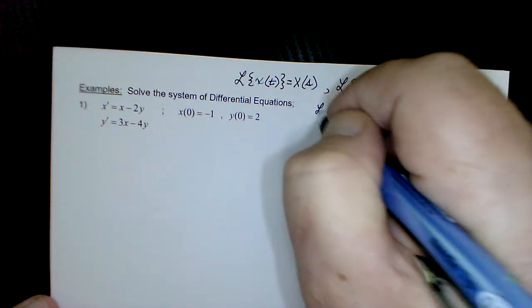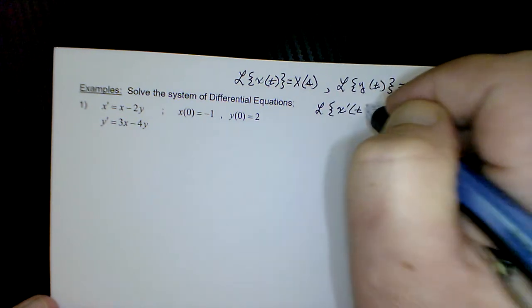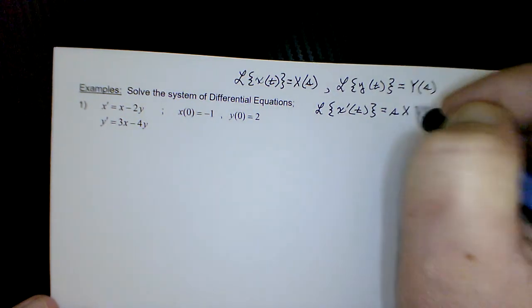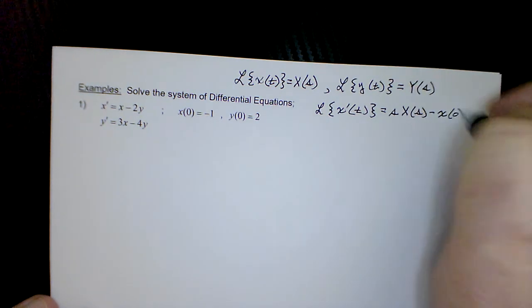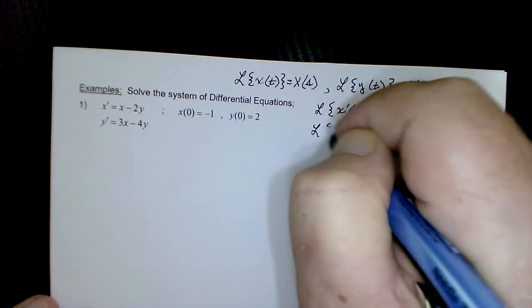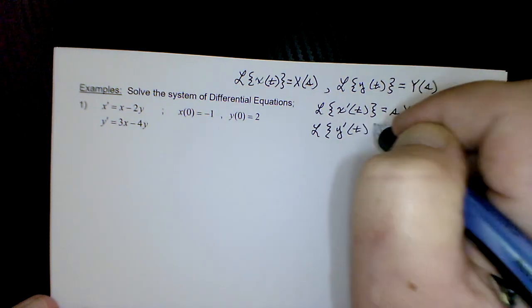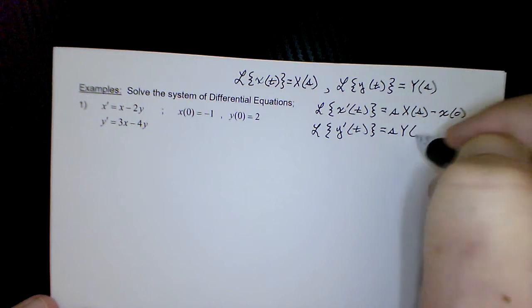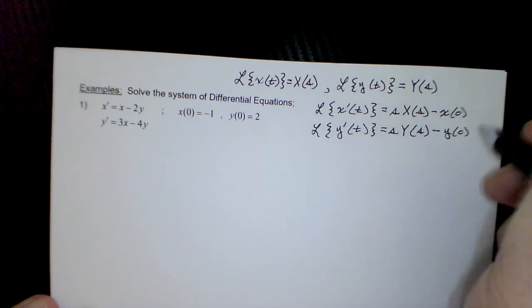and then the Laplace of their derivatives, x prime of t, is going to be s times X of s minus x of 0, and then the Laplace of y prime of t would be s times Y of s minus y of 0.